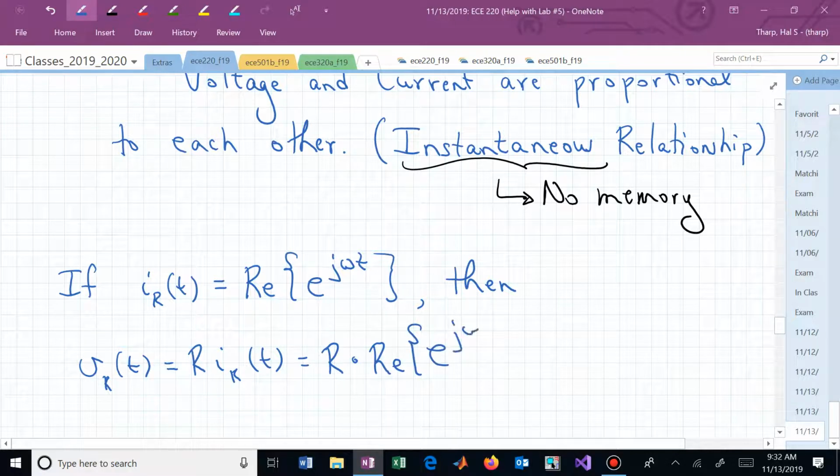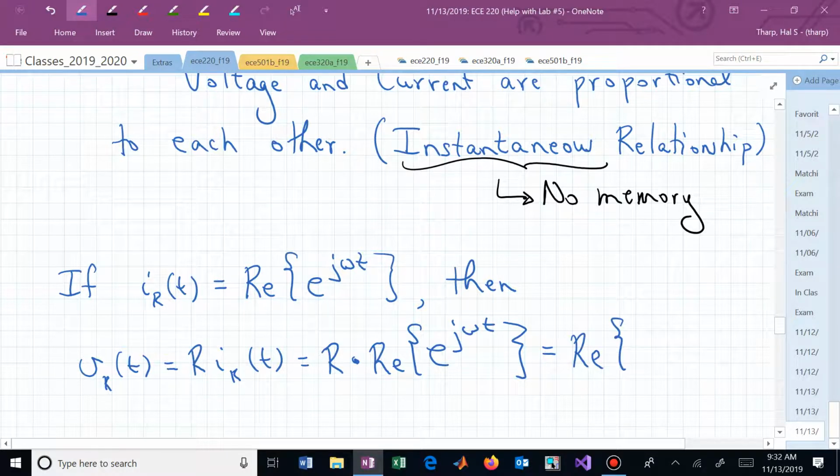I apologize, we have a couple of R's going around, but hopefully you can keep track of one being the resistance and one being the function Re for taking the real part. We want to now put everything inside the argument of the real function. We can push that R through or inside.